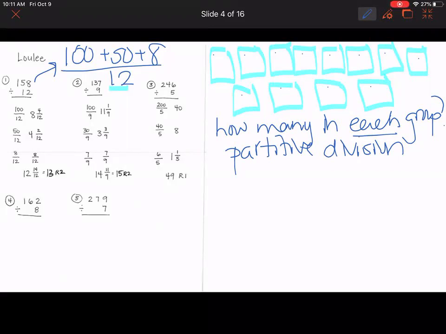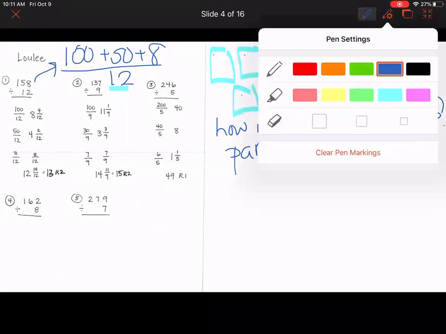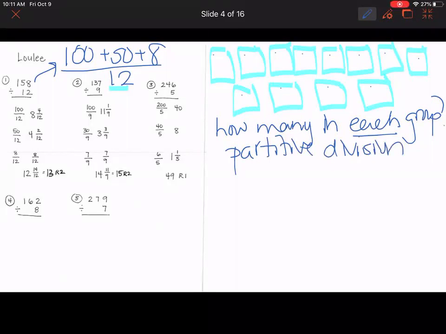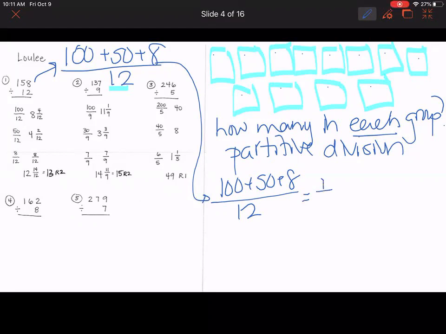So what we can see is, all right, I'll keep this in blue, but I'm going to bring this down here, right? This 100 plus 50 plus 8 is all divided into 12 equal groups. And that's perfect. But maybe you're like, I don't know how to do that. But guess what you do know? You know that every division can be rewritten as multiplication, 100 plus 50 plus 8.